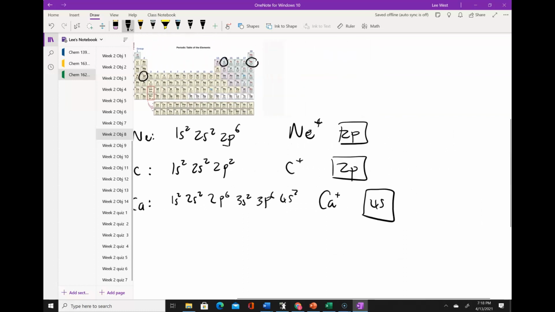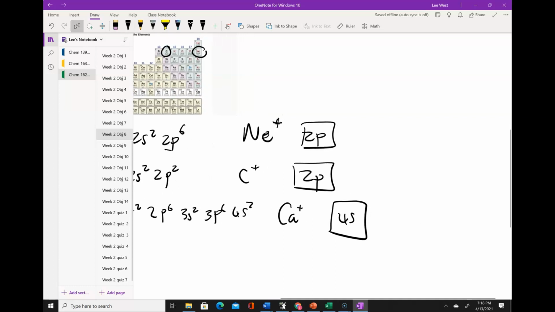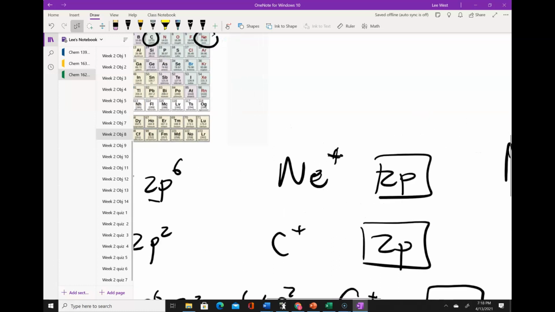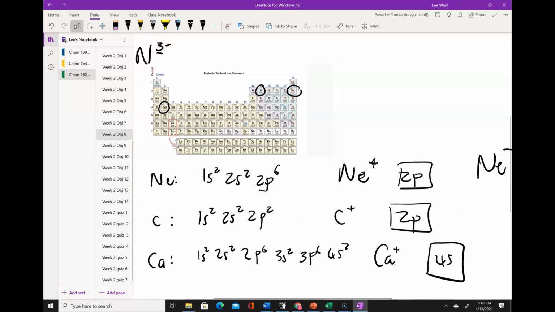Okay. This is where it gets tricky. What about adding an electron? I've got to add an electron to the neutral atom. Now, why it gets tricky for neon is I can't go to 2p7 because the p's can only hold 6.